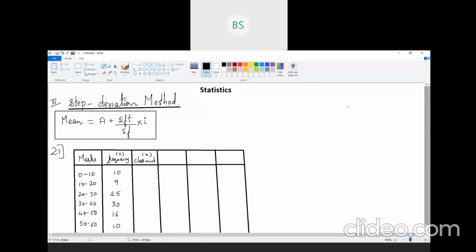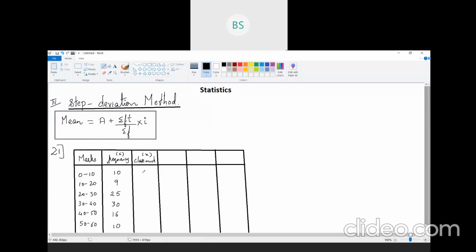Okay, so they have given us marks and frequency. So as usual, whenever class interval is given, first we should always find out class mark for any of the three methods to find out mean. Okay, so first we will find out x, that is class marks. So that is upper limit plus lower limit divided by 2.